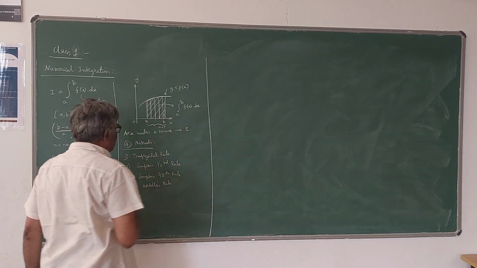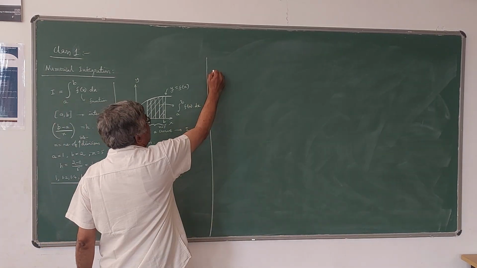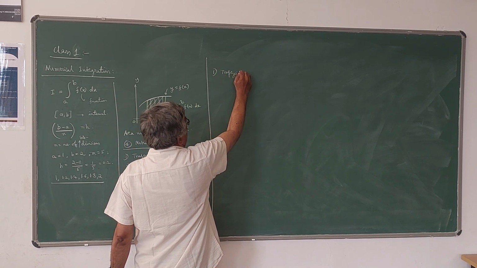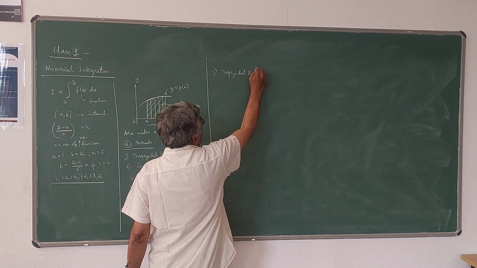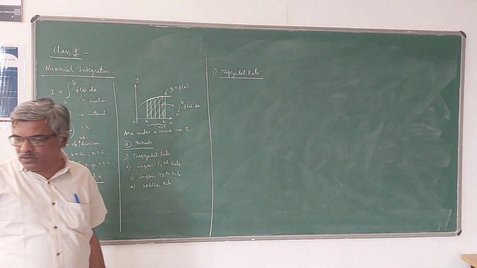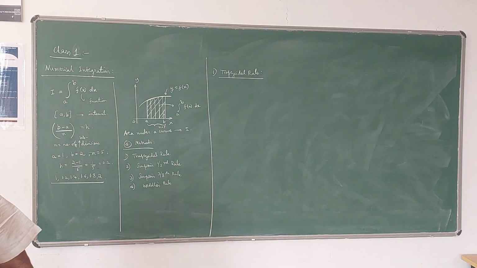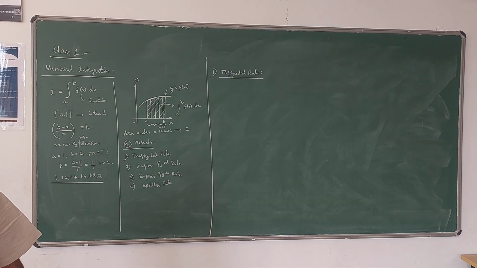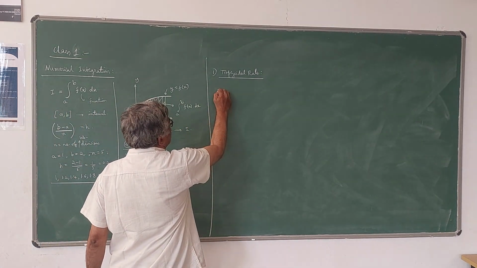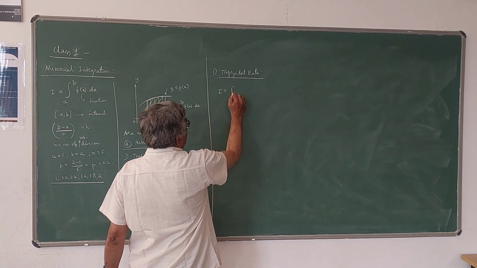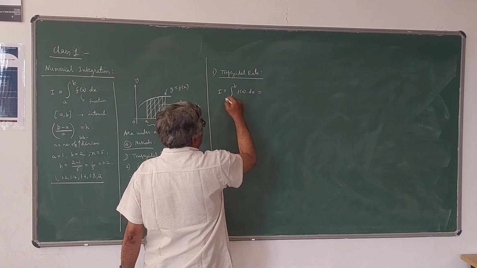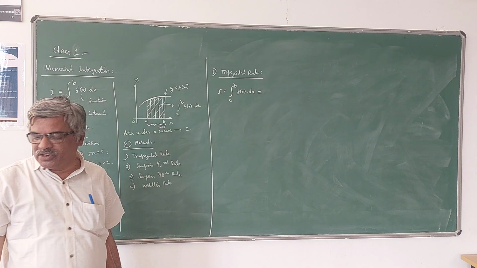Now in that, let me take the first one, trapezoidal. I give just the formula, let us not worry about the derivation, we will take numericals. The first one is the trapezoidal rule. The standard formula for the trapezoidal rule is I is equal to integral a to b f of x dx, so this is what we have to evaluate, where f of x can be any function of x.